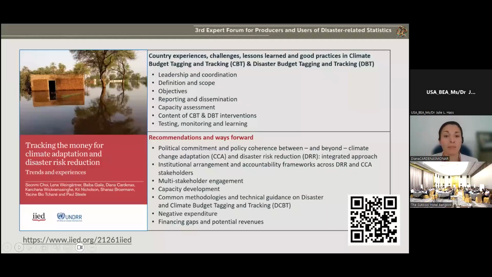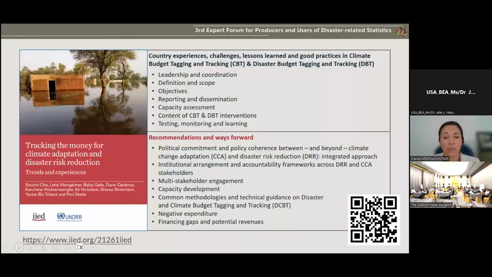So there are many different coordination instances in countries regarding climate change, and then even in the context of disaster risk reduction, and the disaster risk reduction authorities are not necessarily having a big role, and we have not really been able to grasp how they are playing out a role in this part of budget tagging and tracking in our work.